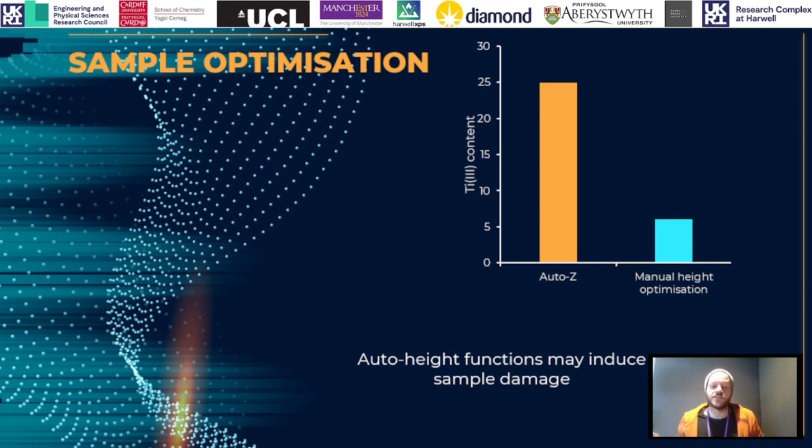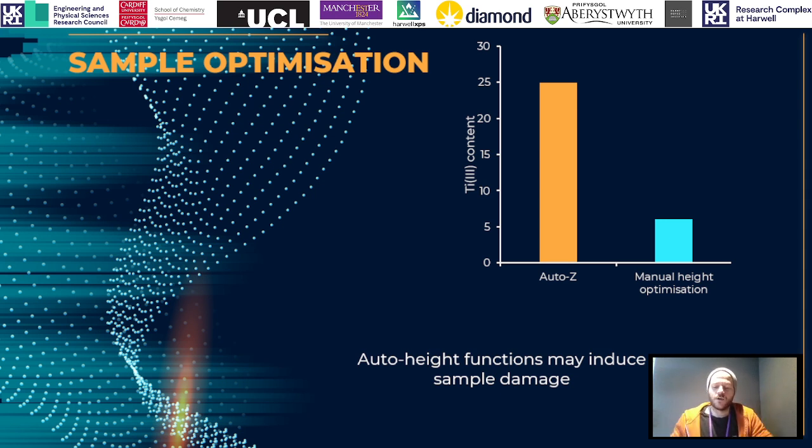So this is just using the internal cameras and microscopes of the XPS to find the optimal height of the sample and not use the X-ray signal itself, because then we prevent this sample damage from having our X-rays on during the auto height. And this does of course mean that you need to have a well optimized camera to focal point position, but you should be looking to have that anyway.